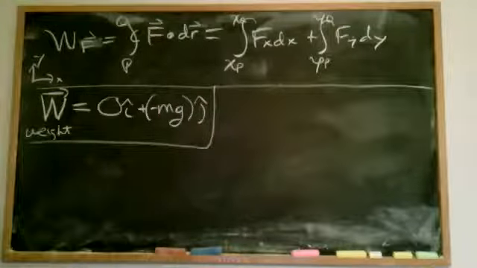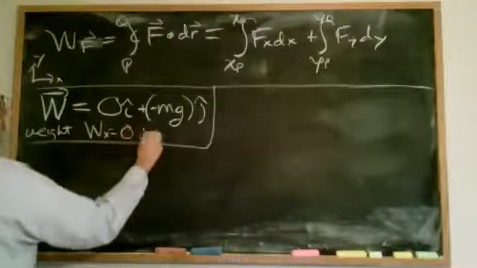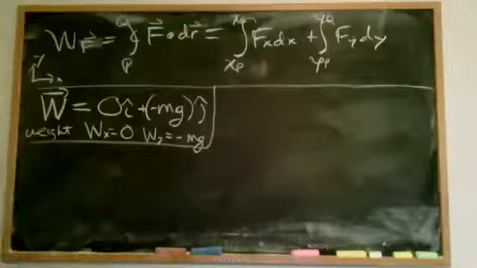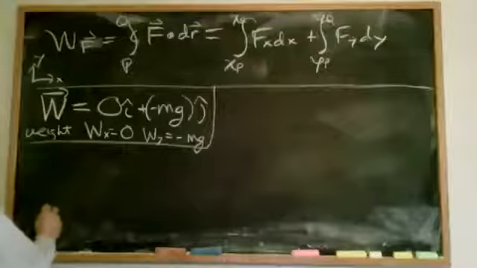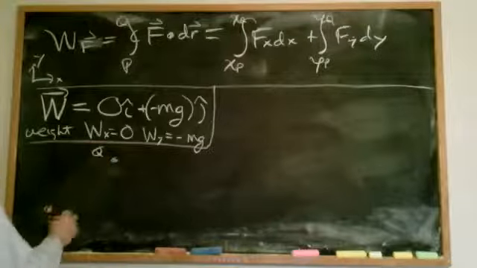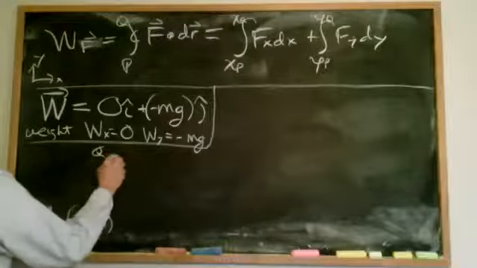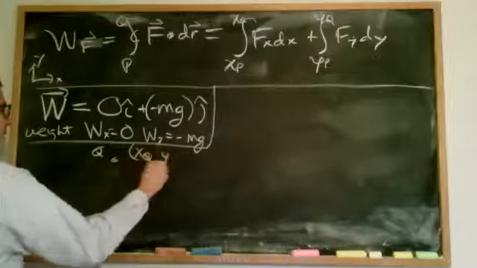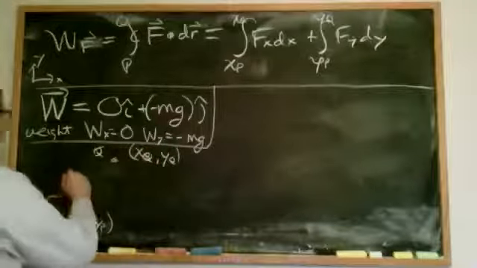If I ask what the components of that force are, the x component is equal to 0, and the y component, w sub y, is equal to negative mg. Now suppose I have a path going from some point P to Q, where P corresponds to x sub P, y sub P, and Q corresponds to x sub Q, y sub Q. I don't know what the path is; it could be complicated.